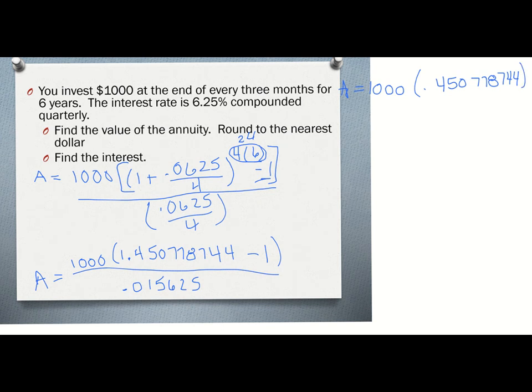And again, it's still divided by my 0.015625. So let's multiply the top by 1,000, and I end up with 450.7787437.